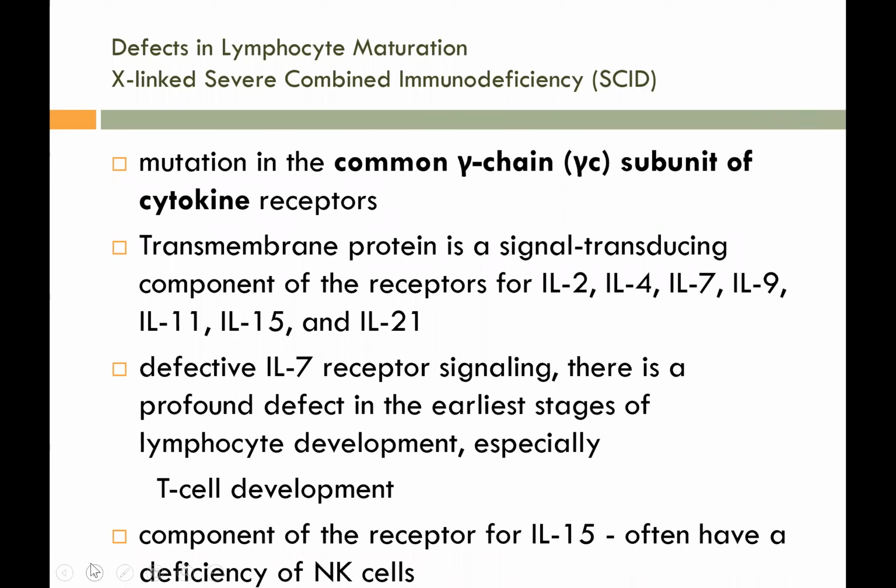Now, let us try to discuss X-linked severe combined immunodeficiency. As I was saying, X-linked SCID is the most common form. It is accounting for around 50 to 60% of cases of SCID. It is more common in boys than in girls.